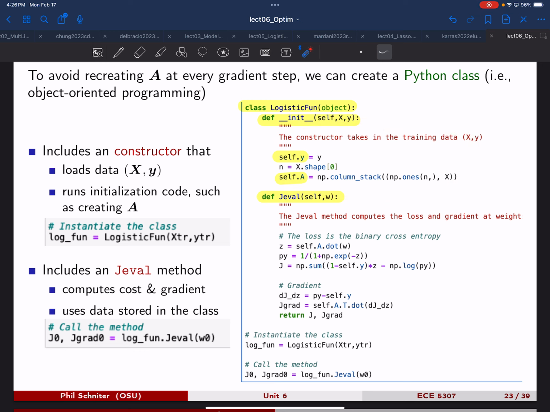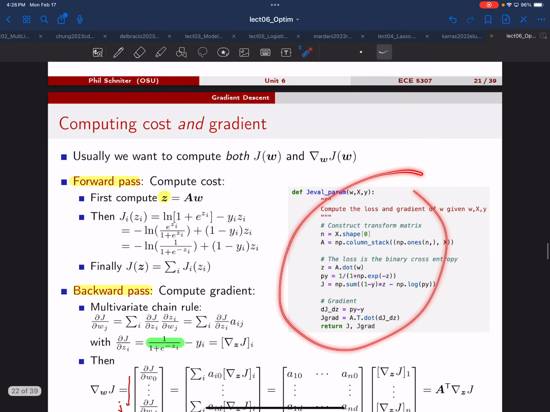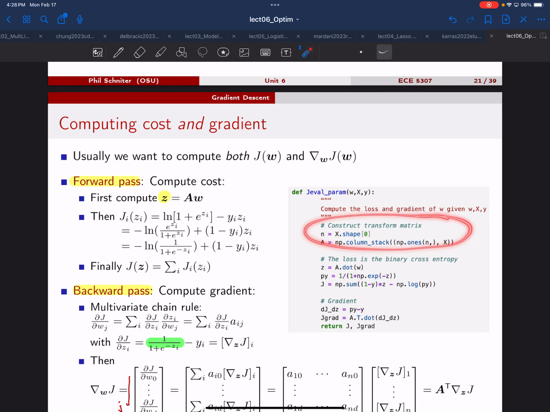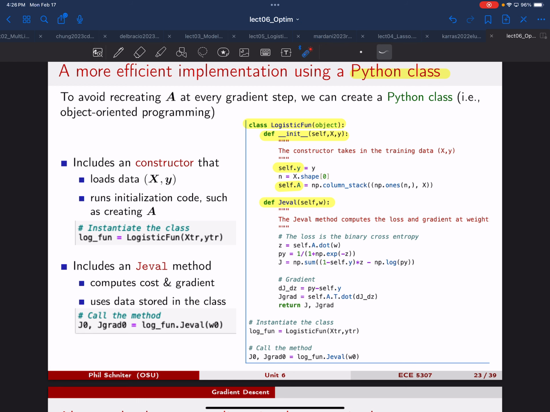Then when you actually want to compute the cost and gradient, you call the class's jeval function. For that, you only need to give it the current parameters w, which here are called w naught. And then it computes the cost and the gradient. So it's basically more or less the same code as before, except it's broken up: this is done once at initialization, and the rest is done every time you call this jeval function.